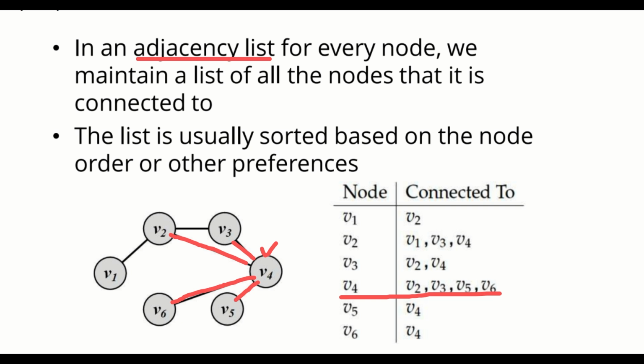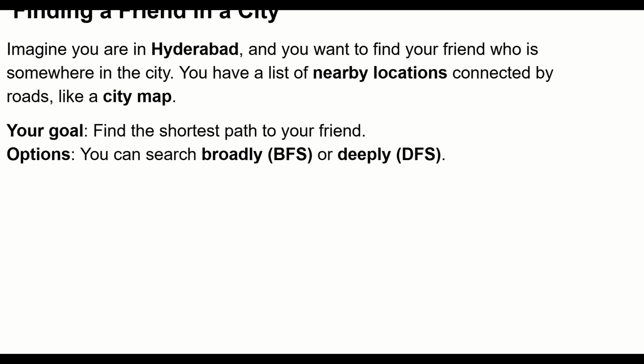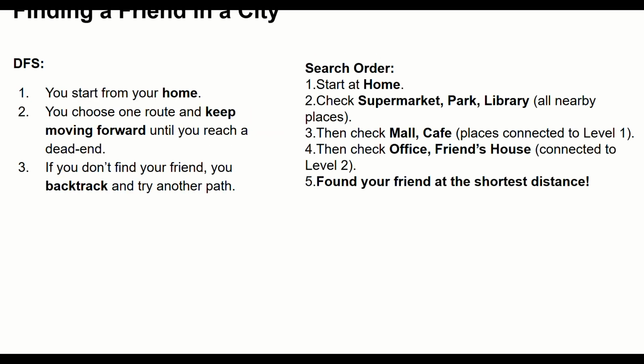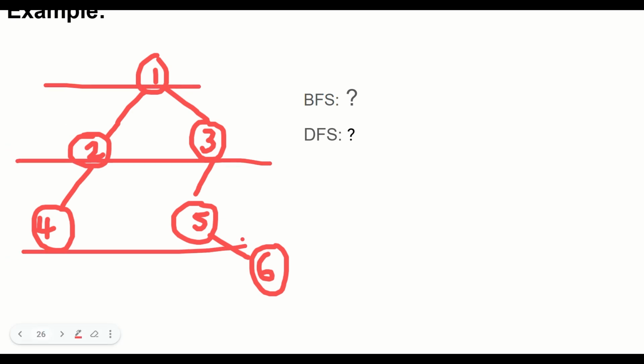We have already discussed what BFS and DFS are in our class, and we have given an example of how you find a friend in a city using BFS and DFS. As an example, I gave this graph and asked you what the BFS and DFS of this are. Many of you gave the correct answer. Since BFS is level wise, the BFS of this will be 1, 2, 3, 4, 5 and 6.